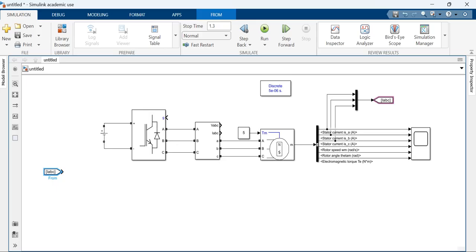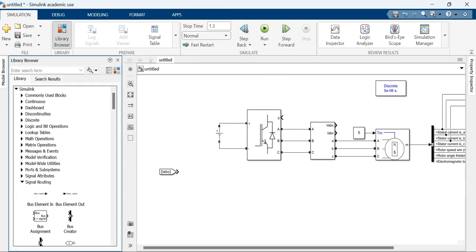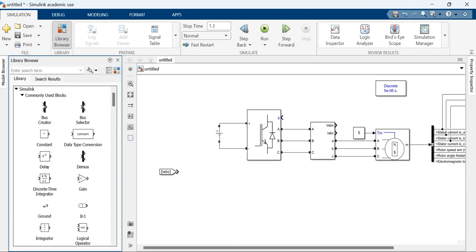Now I need, this is actually rotor speed and this is actually theta. Rotor speed, I want to look at in RPM, but it is available in radians per second. So I go to a block called gain, which is already known to us.